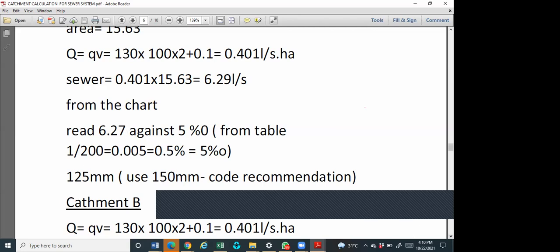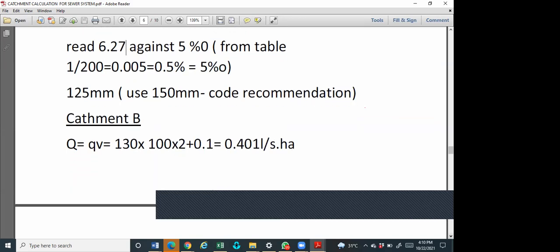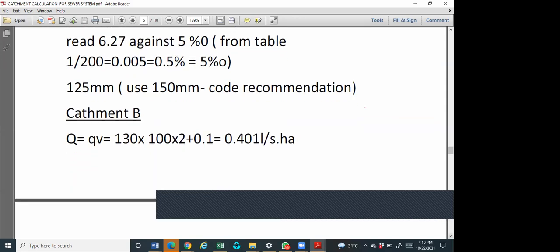After that, we move to catchment B. For catchment B, the same thing applies. 130 multiplied by 100, then multiply by 2, which is the safety factor, add 0.1.